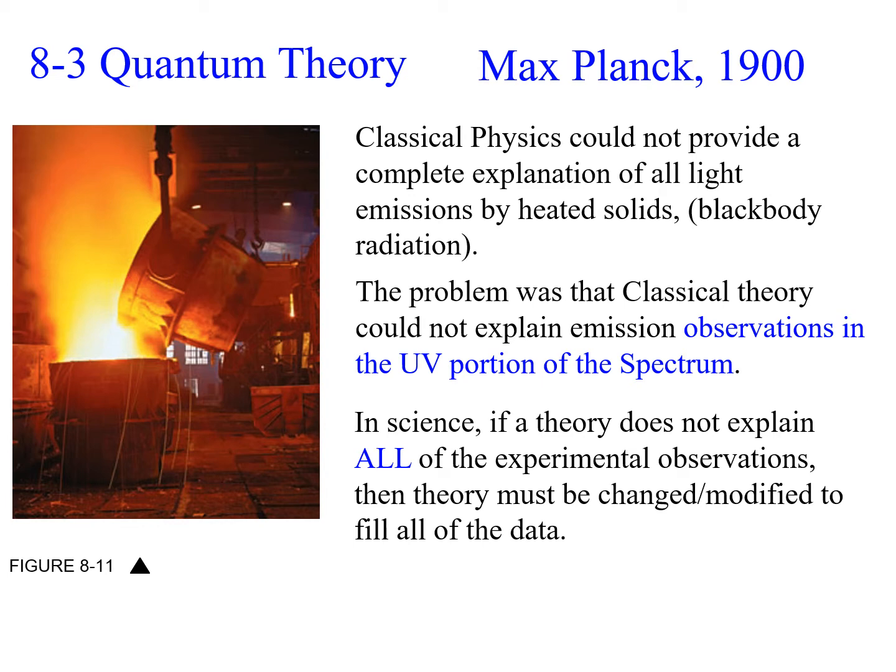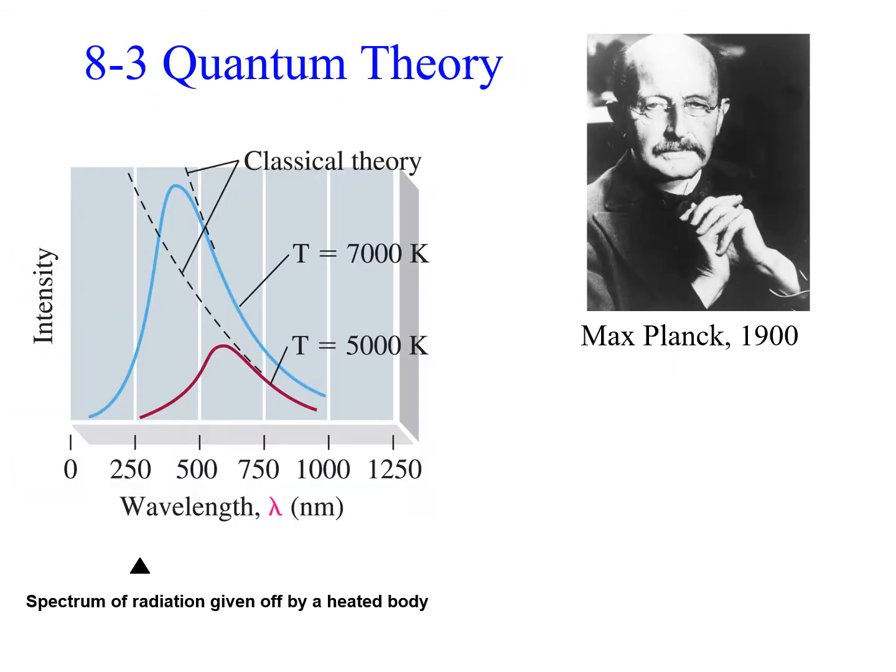This was a change from Newtonian physics, the evolution, if you would, of quantum theory based on the failure of Newtonian physics. And so Max Planck's work in 1900, he looked at intensity as a function of wavelength. And we're in the visible spectrum here, you can see there. At a temperature of 5,000 Kelvin, we have a certain, lower intensity.